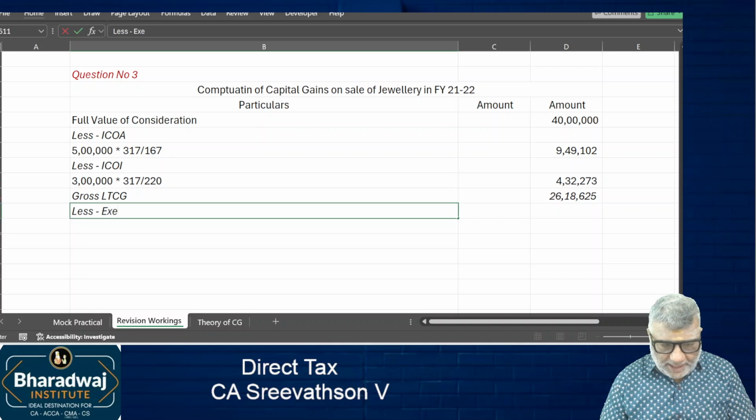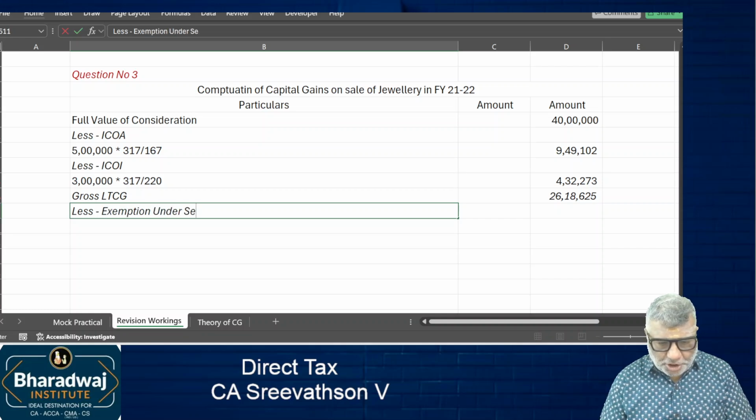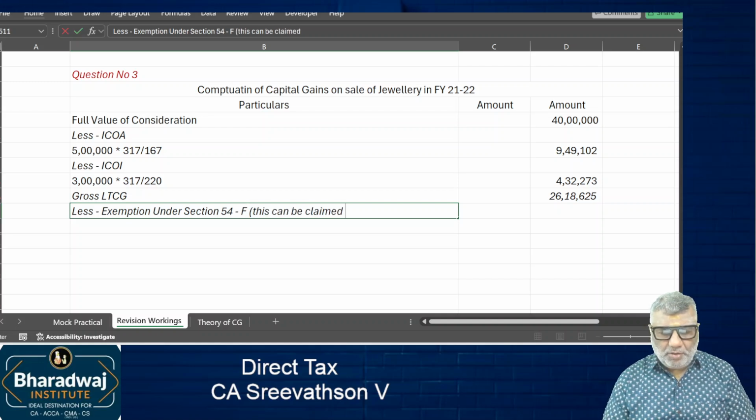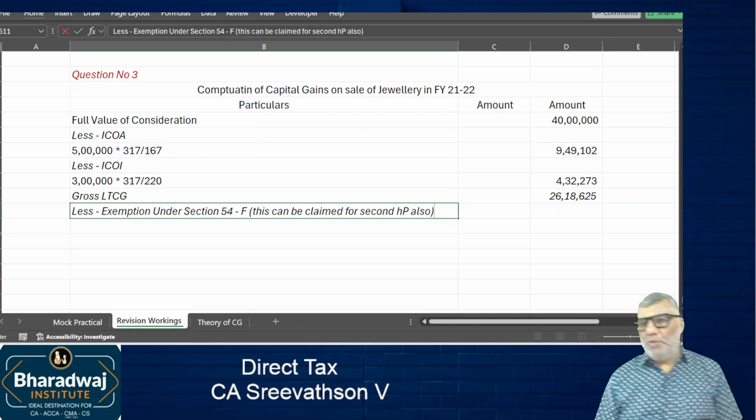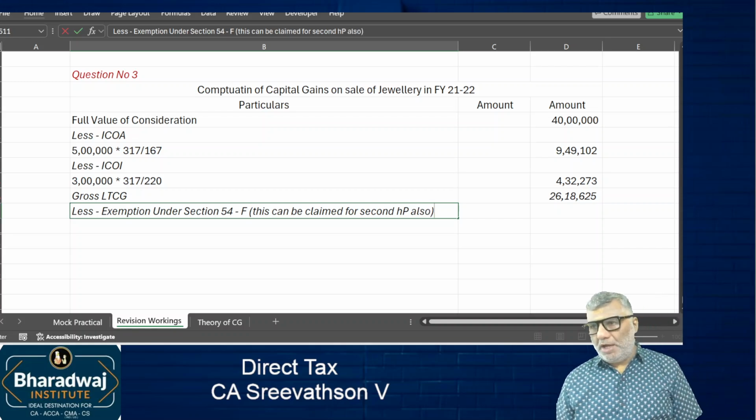Less exemption under section 54F. This can be claimed for second house property also.